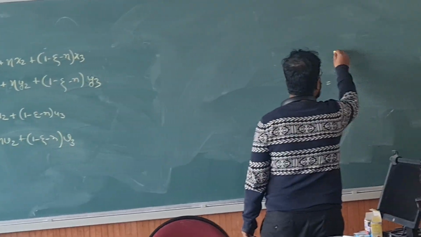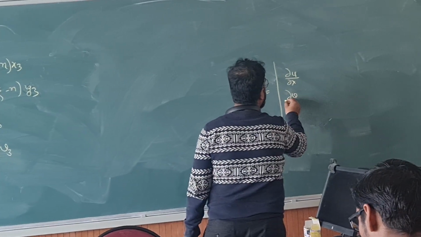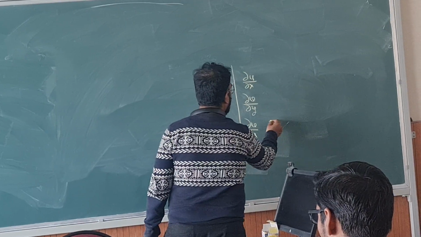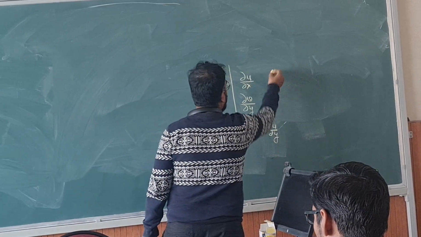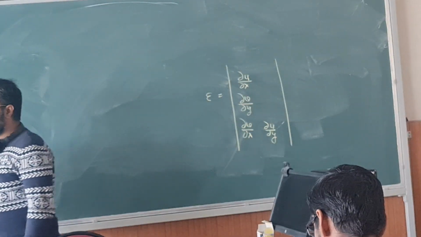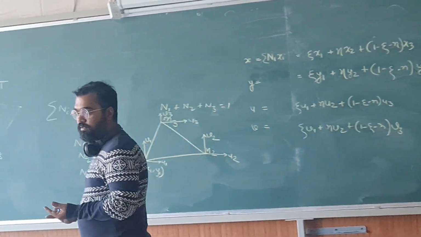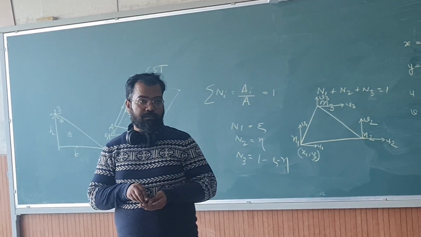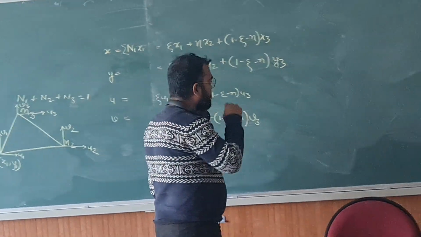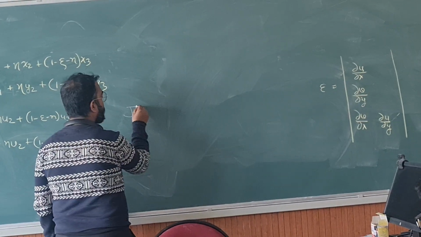So strain is simply del u by del x, del v by del y, del v by del x, and del u by del y. So I am going to find out these terms using global coordinates: x1, x2, x3, y1, y2, y3. So now what should I do? What is my Jacobian?